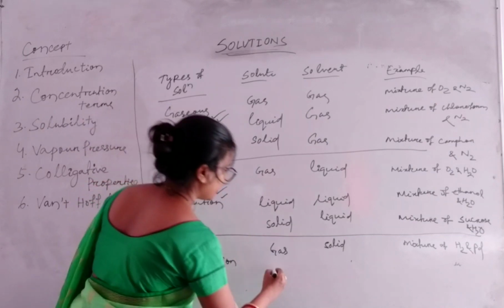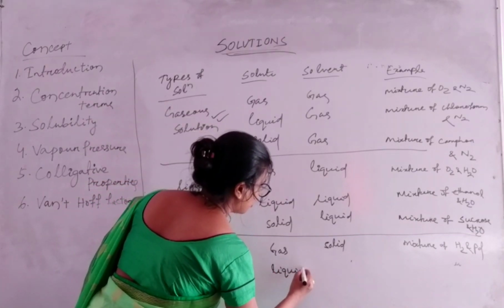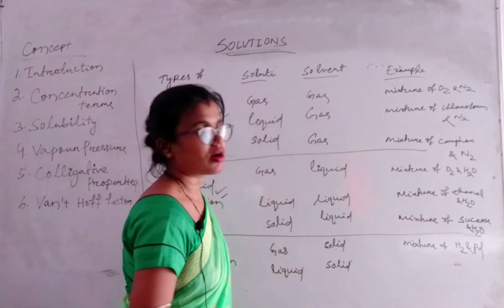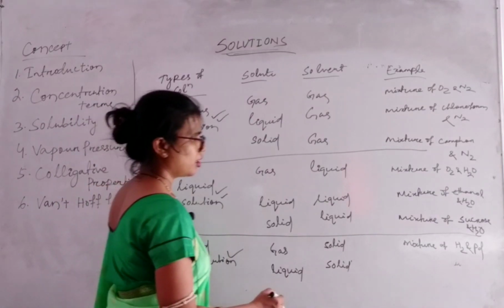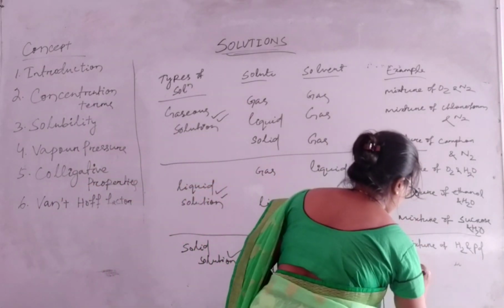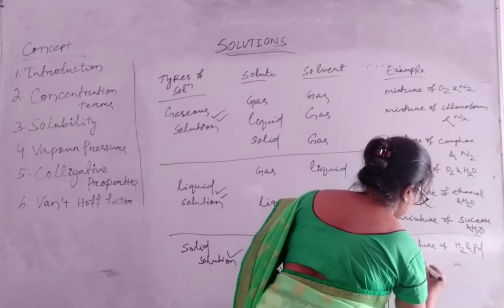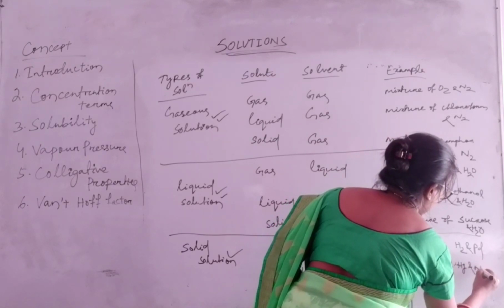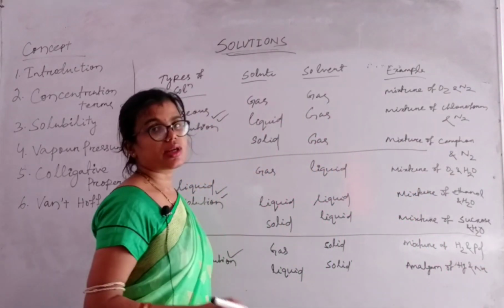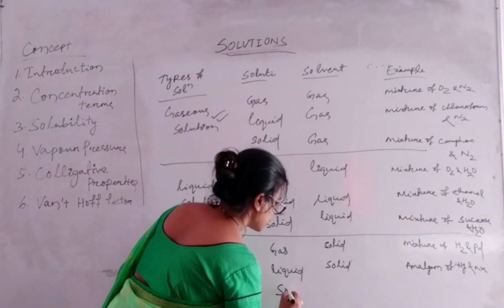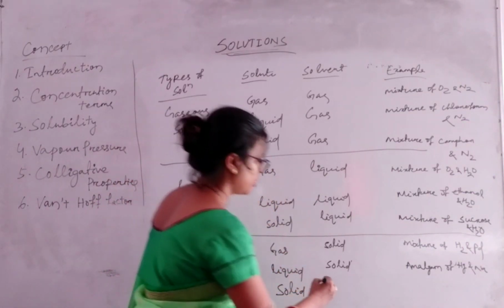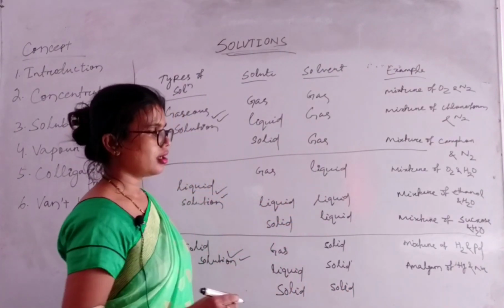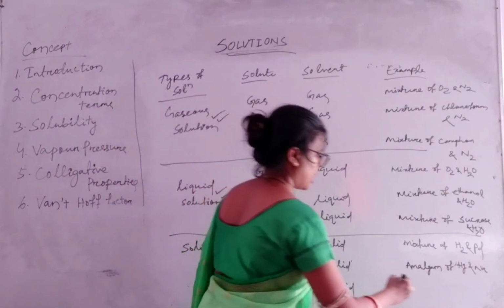Where solute is liquid and solvent is solid, then the solution is called a solid solution. Here the example is amalgam of mercury and sodium. Next, when solute is solid and solvent is also solid, then the solution is called a solid solution. Here the example is alum.